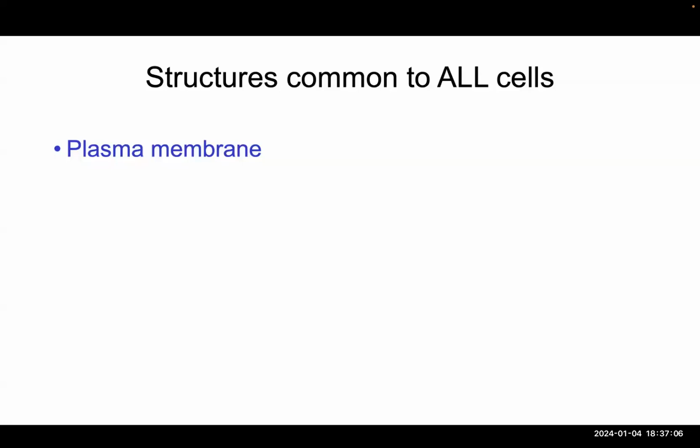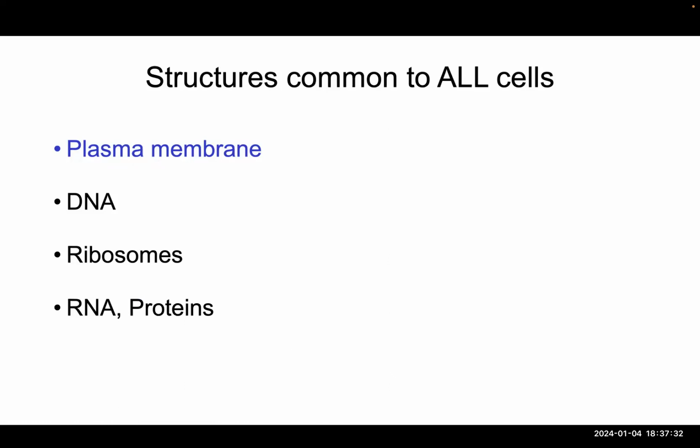All cells have DNA, at least at some point. I know we mentioned that red blood cells do not have DNA, but they did at some point. All cells have structures called ribosomes, which we will mention briefly today and more in detail later. We'll also mention RNA and proteins. It's a different level of structure, but it is something we want to mention.